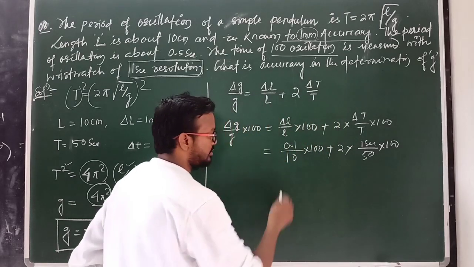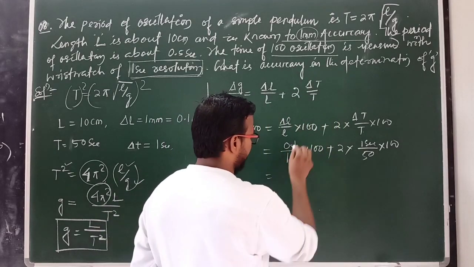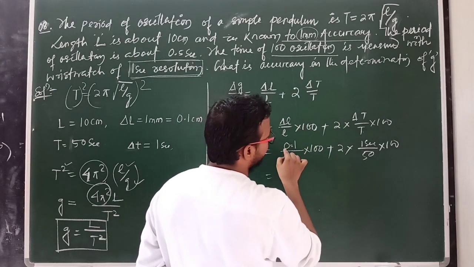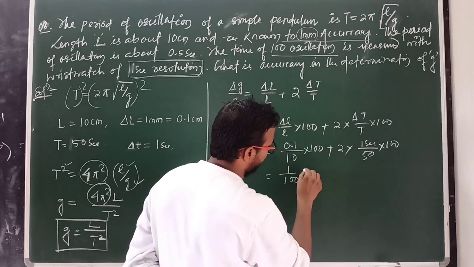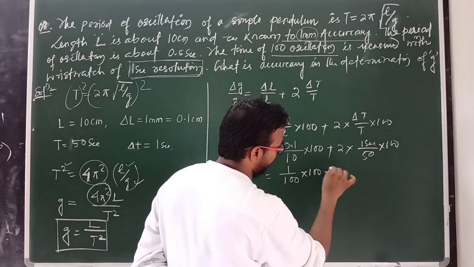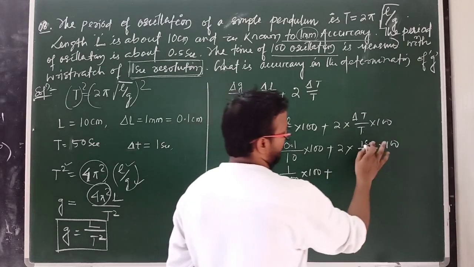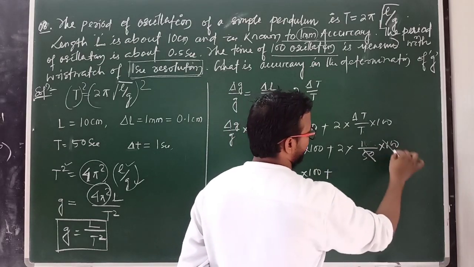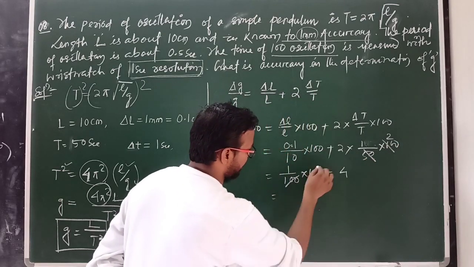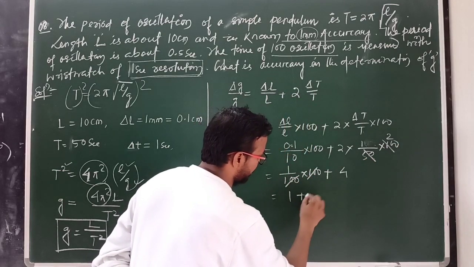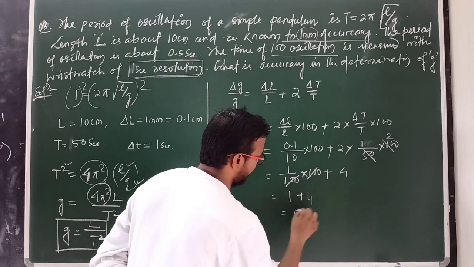Now solve this relation. Then we can write 1 by 100 into 100 plus 2 into 2, that is 4, then 100 cancels, so 1 plus 4 which is equal to 5%.